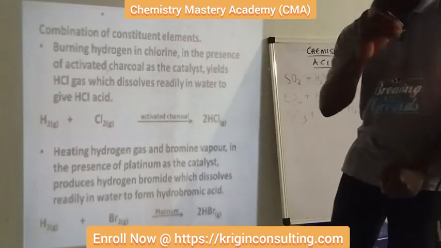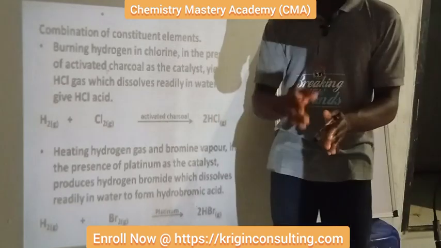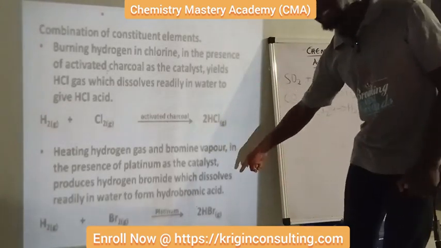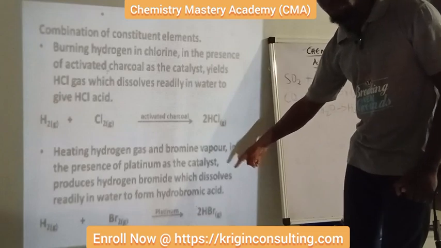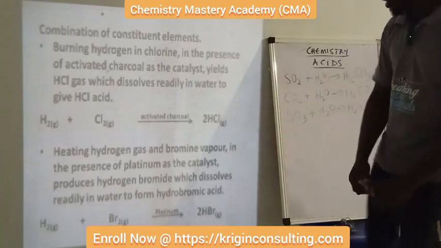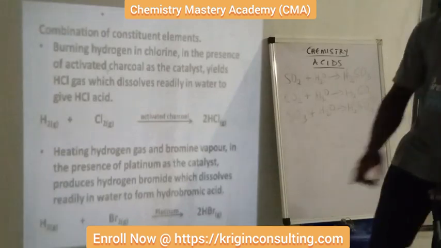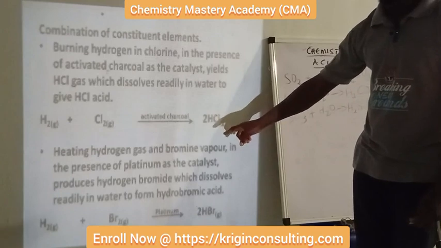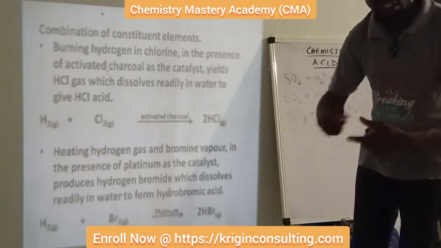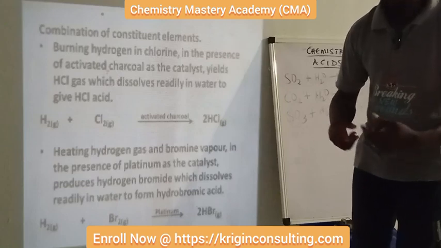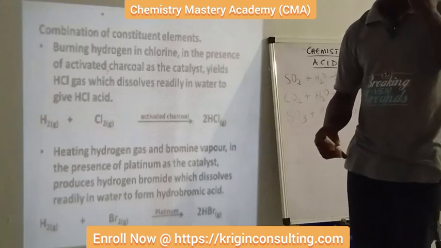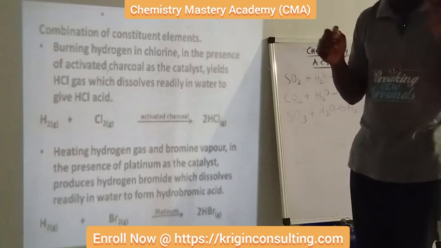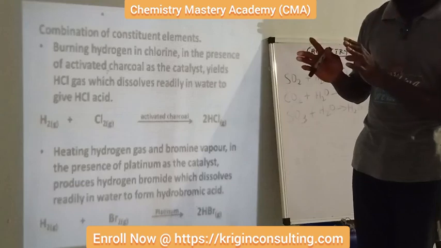Now, when you take the hydrogen bromide and mix it with water, you will form hydrobromic acid. Are we following? You will have the reaction on the board. In this particular one, you use platinum as a catalyst to hasten the reaction. Of course, we know that catalysts only help to hasten the reaction. They do not form part of the product at the end of the reaction.